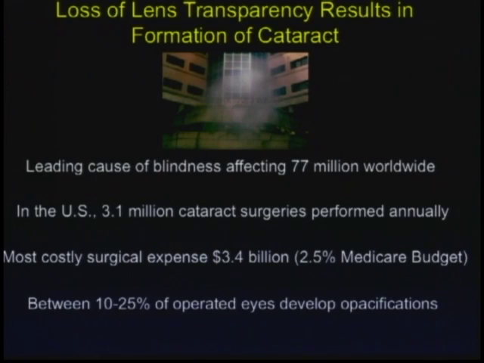And the sad part is that an estimated 10 to 25% of cataract surgeries develop complications, wherein one has to go back and remove some of the opacities which are left behind because of epithelial to mesenchymal transitions. So any attempt at understanding how the lens forms and how it maintains its transparency will help us to develop strategies for prolonging transparency in the human lens.